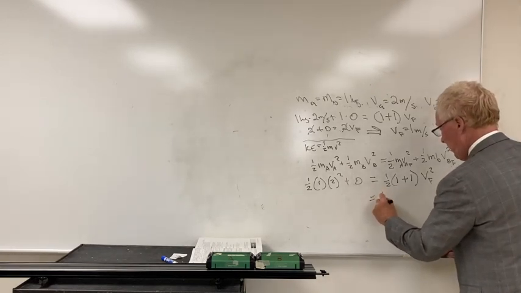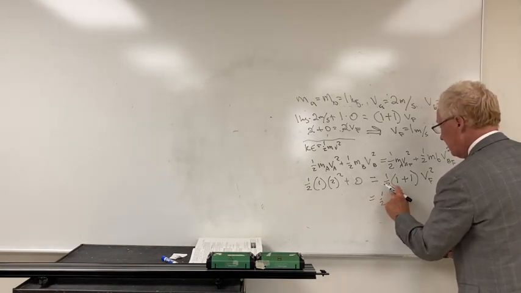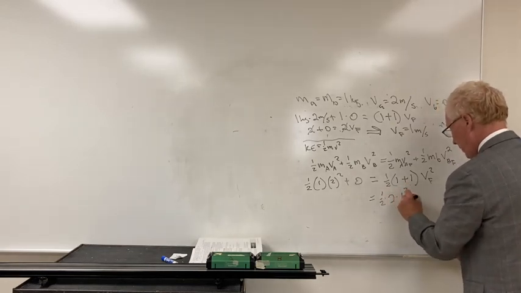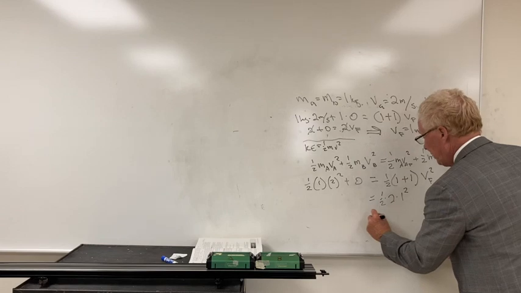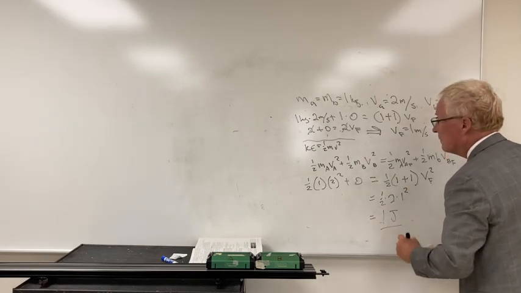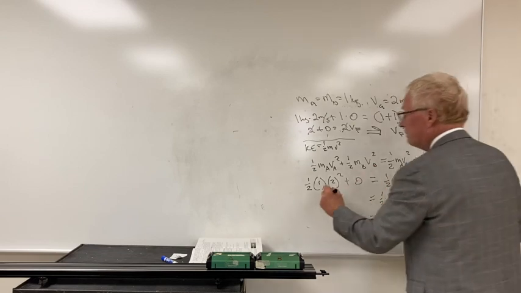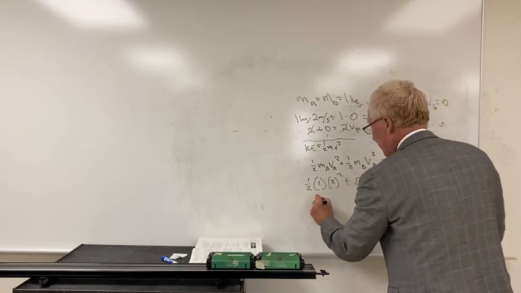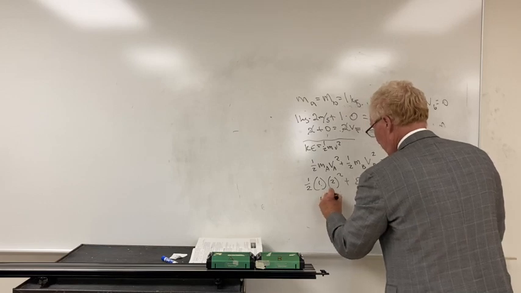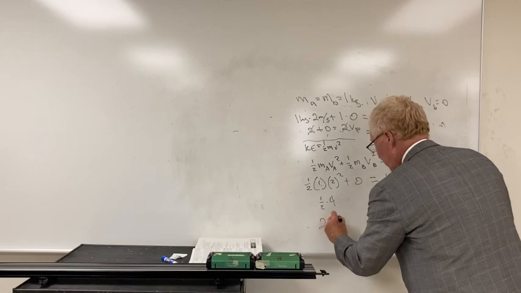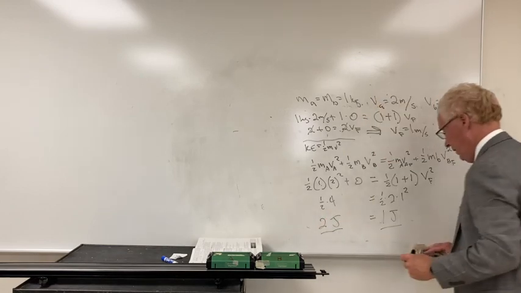So that would be 1/2 times 2 times 1 squared, which is 1 joule. Before, it's 1/2 times 1 times 4, which equals 2 joules.